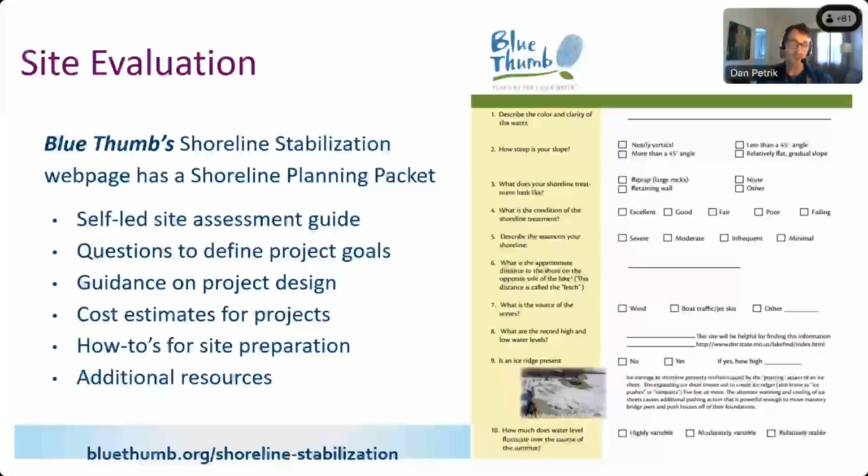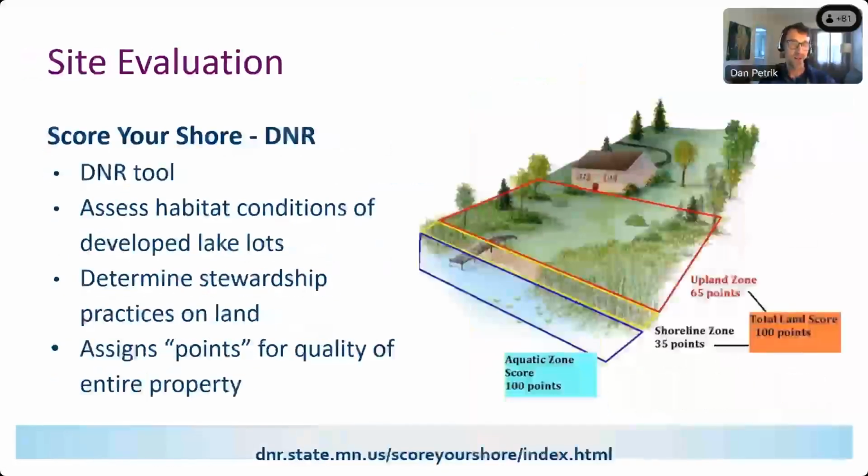When it comes to site evaluation, Blue Thumb has some really excellent resources on their webpage that help you walk through in a very methodical manner with some nice checklists to identify problems with your site and then possible solutions. The DNR has a Score the Shore program. It's different from the survey I spoke to you about earlier.